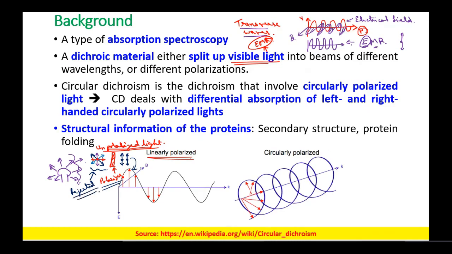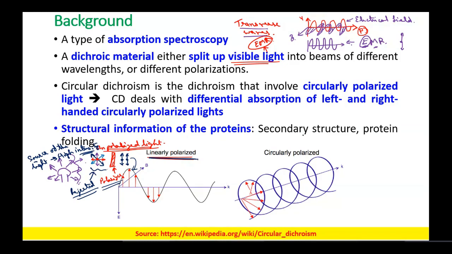So herein the source of the light should generate a high intensity beam. Am I clear? So this is called a linearly polarized light.